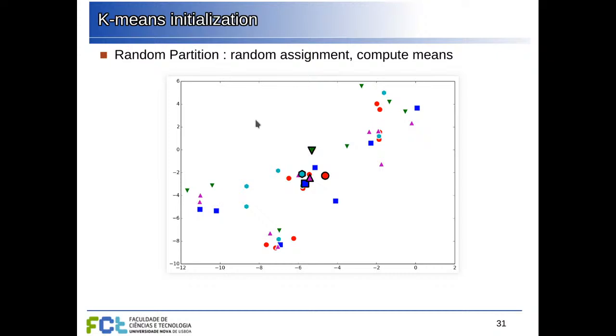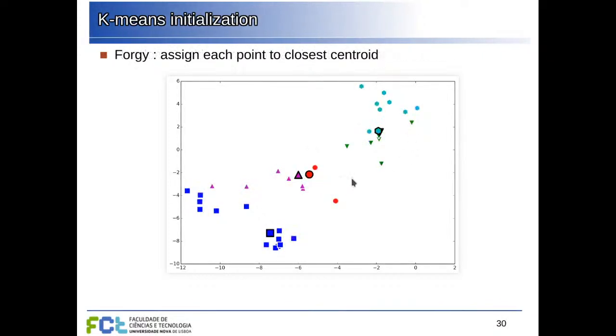So this random partition method tends to aggregate the initial position of the centroids more to the middle of the cloud of points that we have in our data, whereas the Forgy method tends to spread out the initial position of the centroids at random in our data.